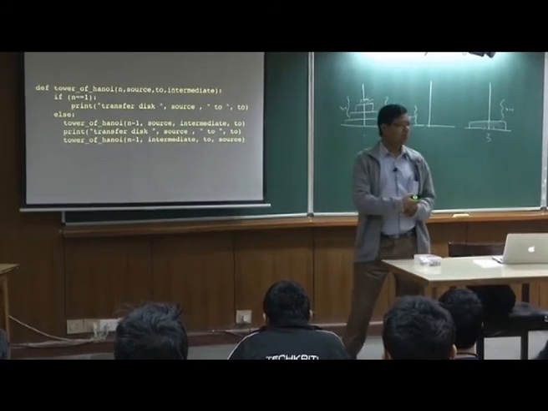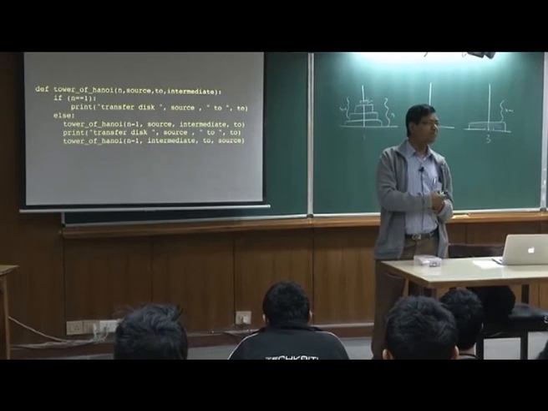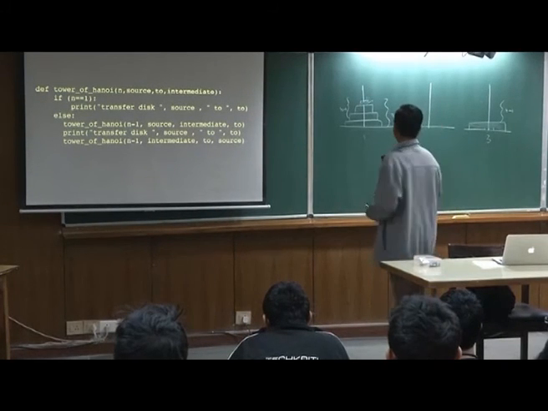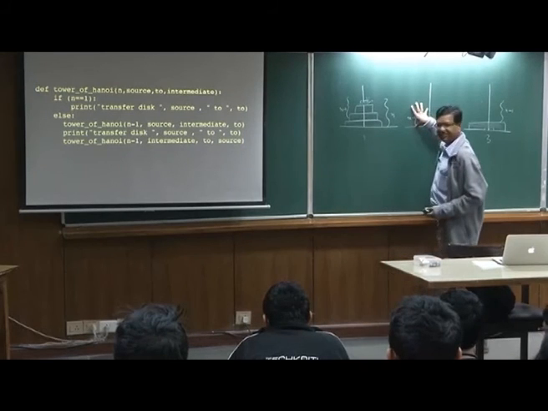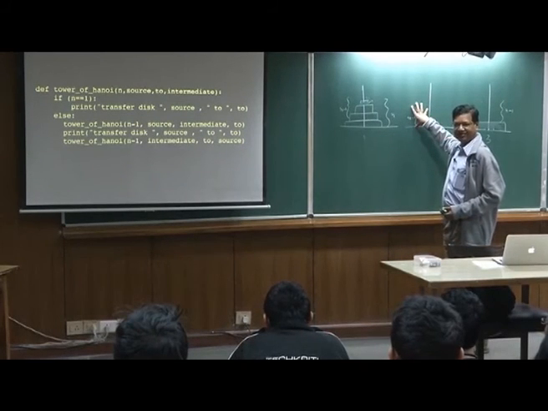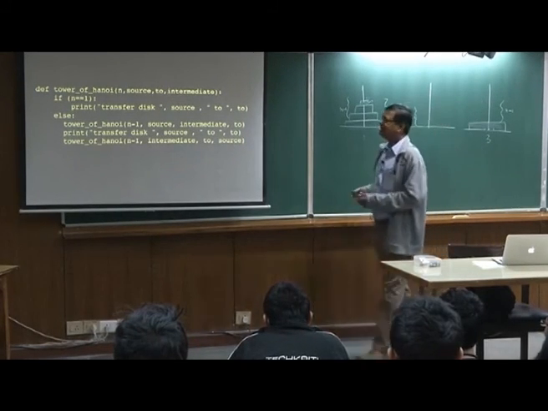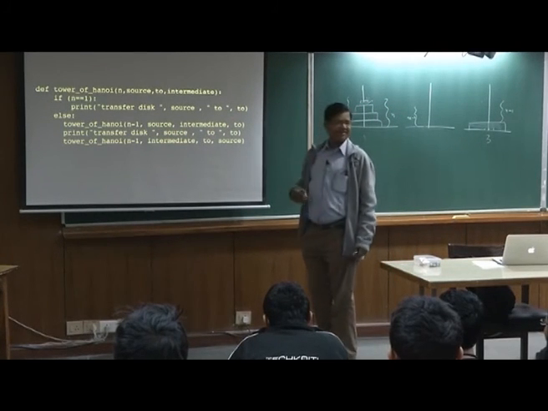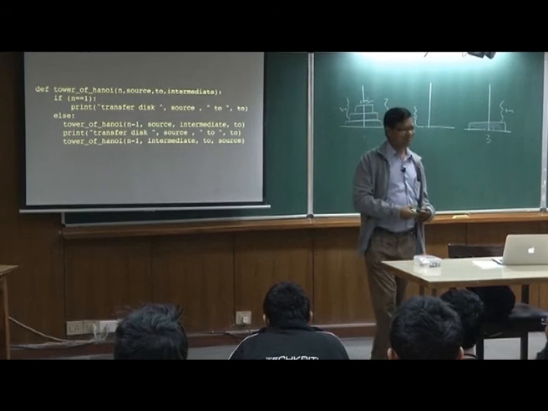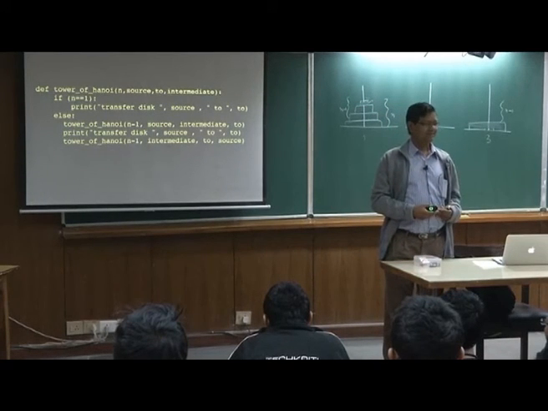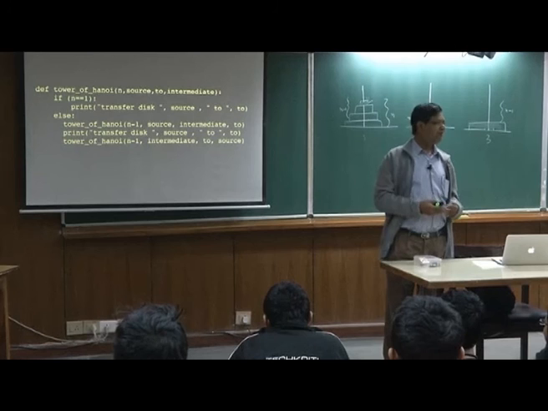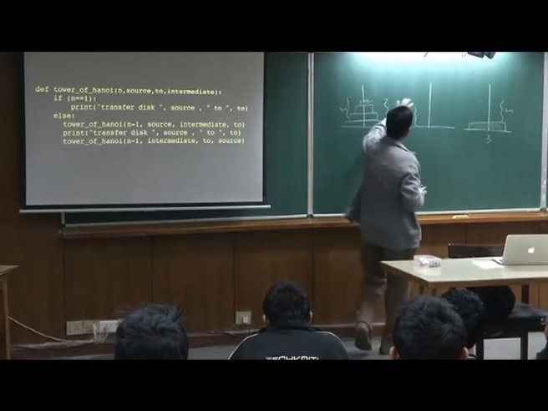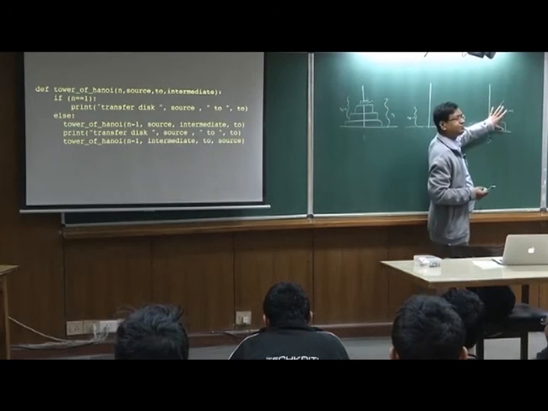So don't send to 2, send to intermediate, n minus 1. So what I said, I take n minus 1 here first, that is the first step. So I take n minus 1 disks from source to intermediate, but 2 will be my intermediate for that process. If I want to send n minus 1 here, I can use this as an intermediate.